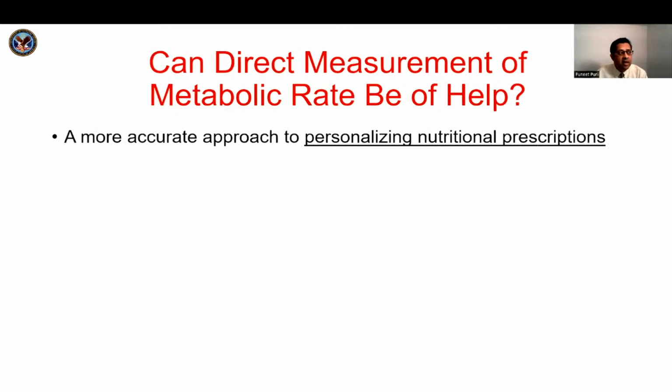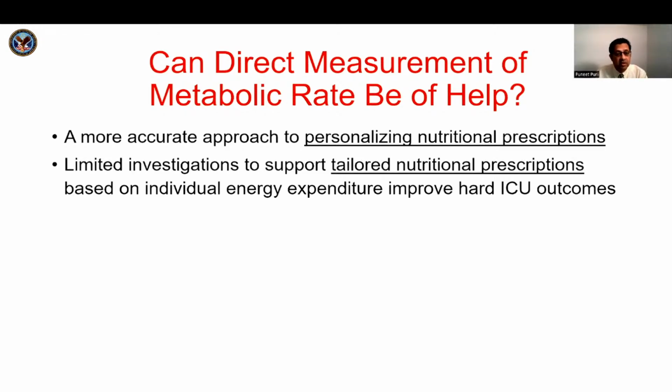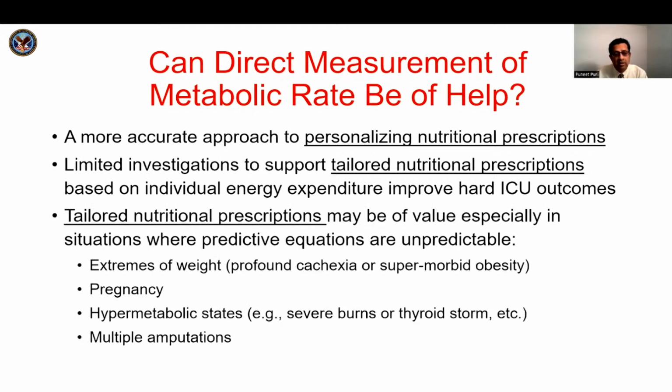So how can we enhance our ability to assess or accurately measure caloric need? Can direct measurement of metabolic rate be of help? A more accurate approach certainly seems promising in personalizing nutritional prescriptions. However, there are limited investigations to support tailored nutritional prescriptions based on individual energy expenditure that improve hard ICU outcomes.